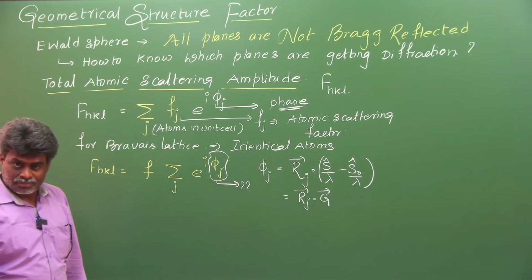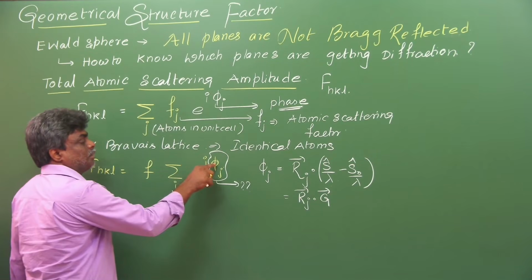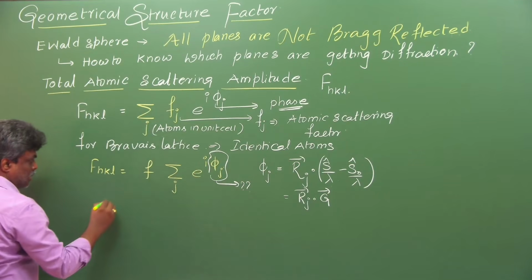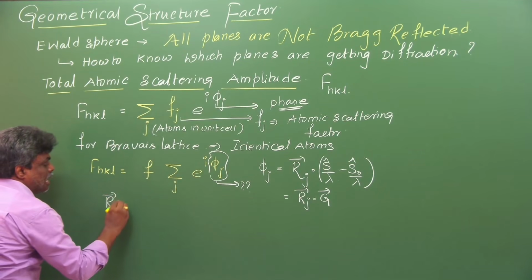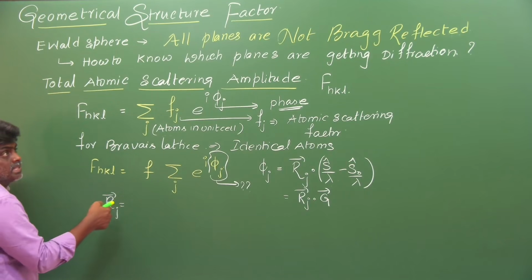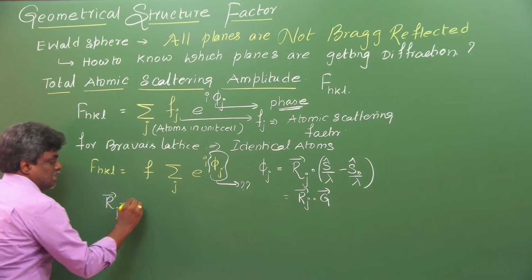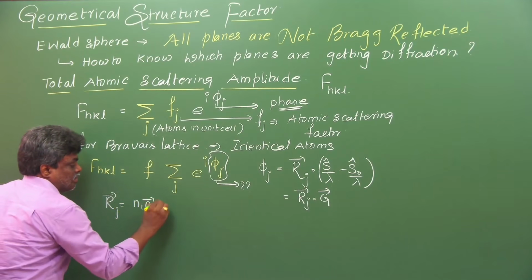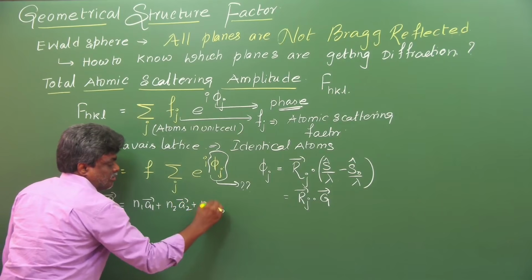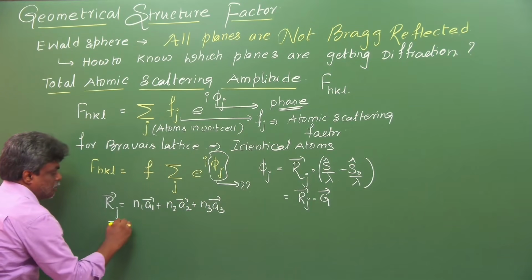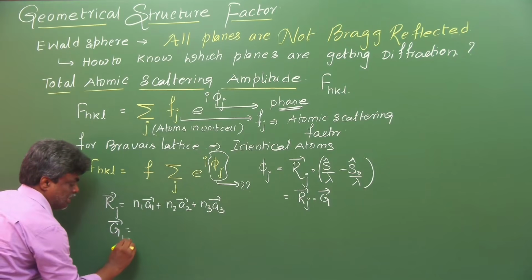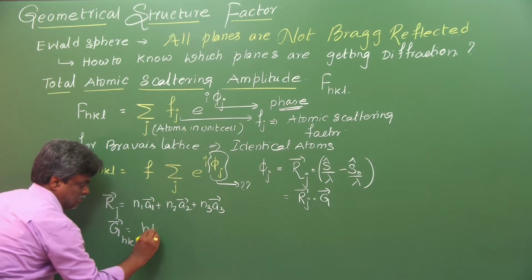Cool. In the textbook they have written the direct answer; here I am explaining separately. Everybody knows what R bar is? That is the position vector, the real space translation vector. And you know the reciprocal lattice vector corresponding to the HKL plane.